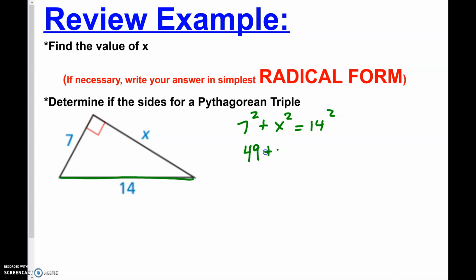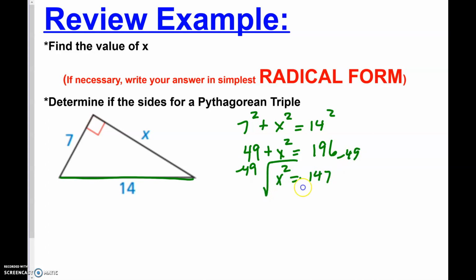We have 49 plus x squared equals 196. Now if we subtract 49 from both sides, we get x squared equals 147.